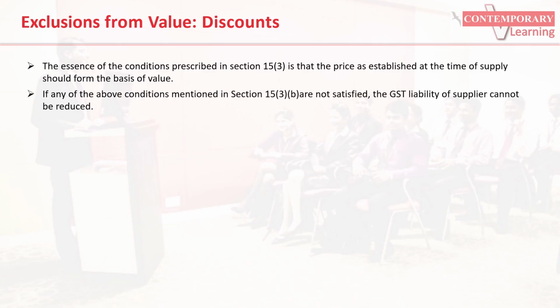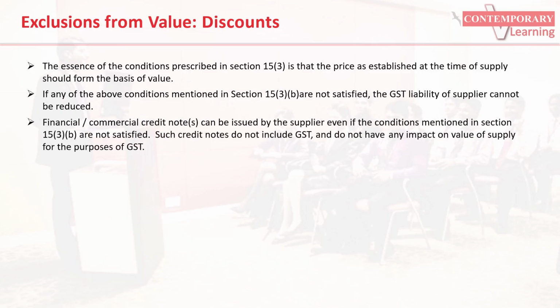If any of the conditions for post-supply discounts are not satisfied, the GST liability of the supplier cannot be reduced. However, suppliers can still issue financial or commercial credit notes even if these conditions are not met. Such credit notes don't include GST and don't impact the value of supply for GST purposes.